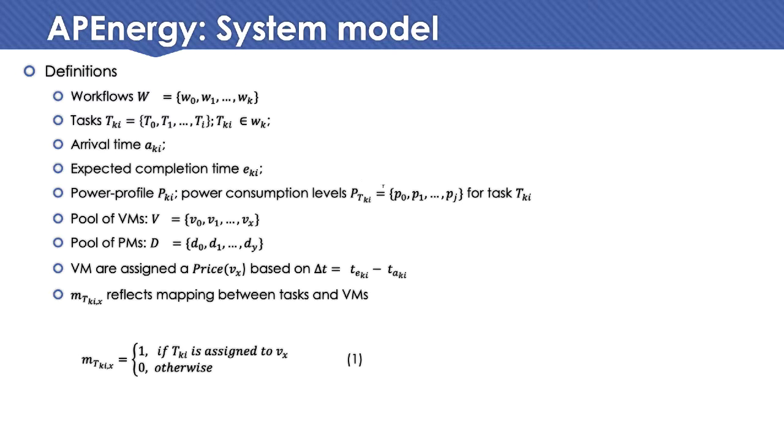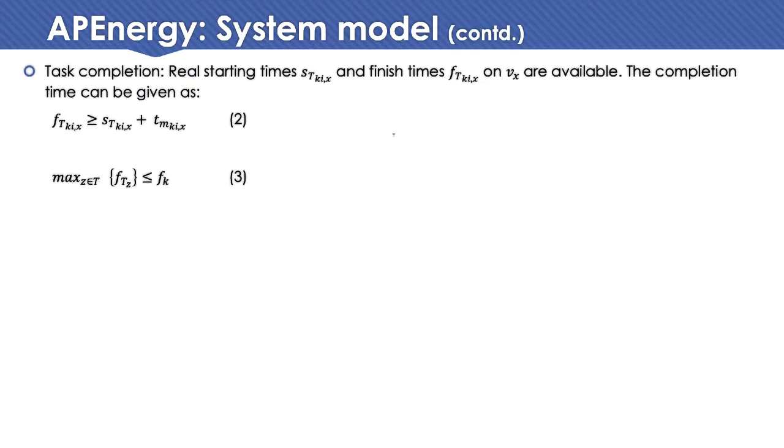Delta t is given by T_E,k,i, which is the expected time, minus T_A,k, which is the arrival time. The variable M reflects mapping between tasks and virtual machines. As a task completes, the real starting times given by ST_k,i,x and the finishing times given by FT_k,i,x on a virtual machine VM_x become available.